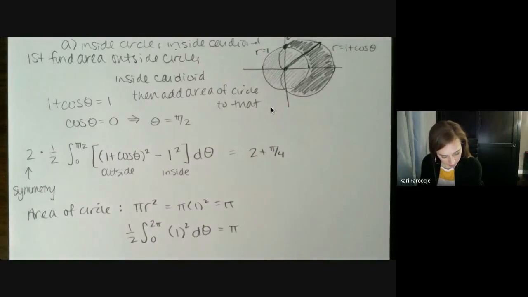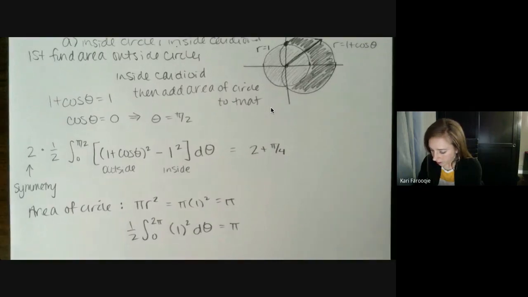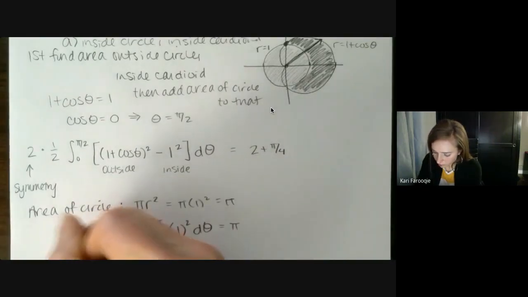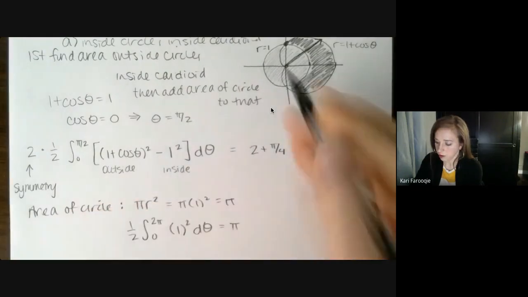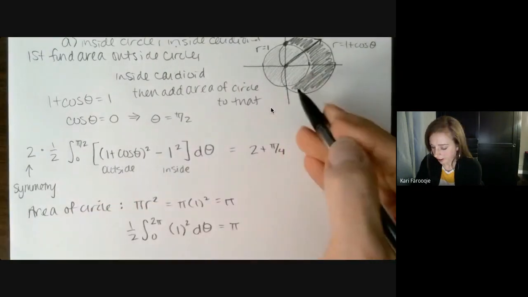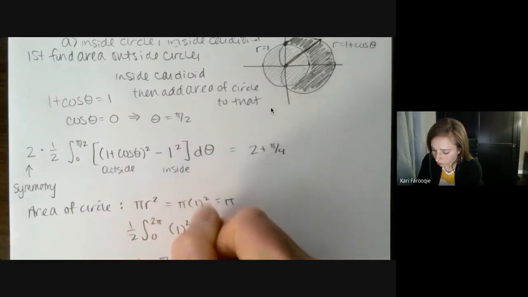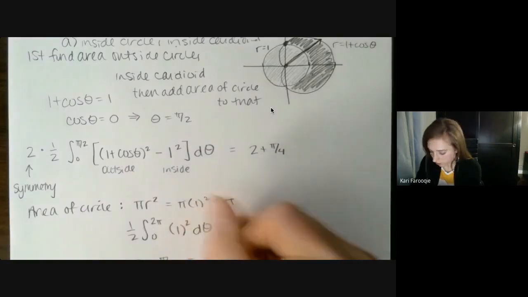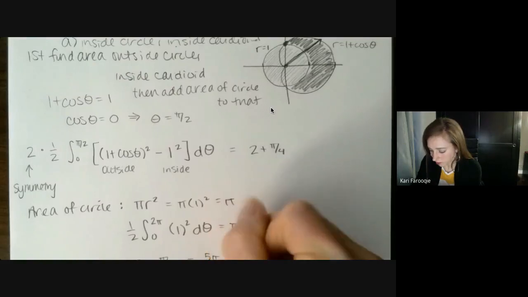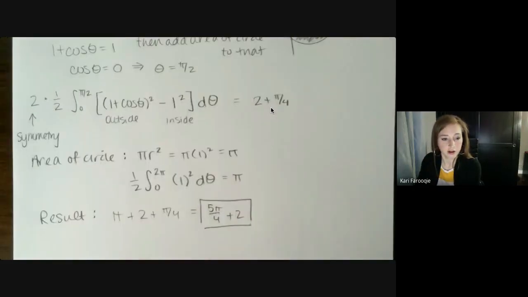So yeah, you're going to take your 2 plus pi over 4 and add pi. So the result for your combined area, the area of the circle plus the area of the outer region, is going to be pi plus 2 plus pi over 4, and you'll get 5/4 pi plus 2. That's your result for part A.